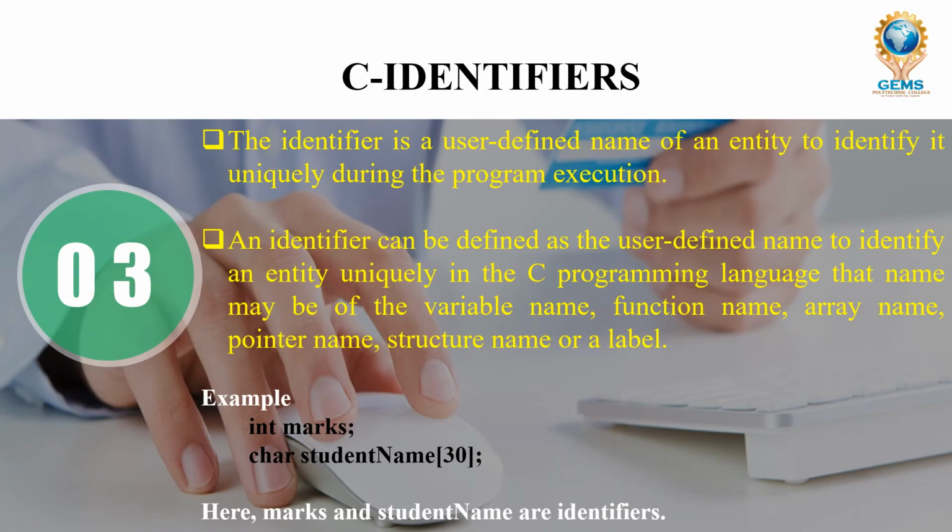Now we have the identifier. An identifier is a user-defined name of an entity to identify it uniquely during program execution. Identifier can be defined as the user-defined name to identify an entity uniquely in the C programming language.